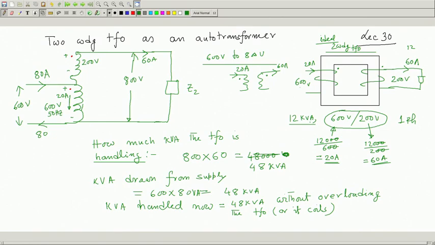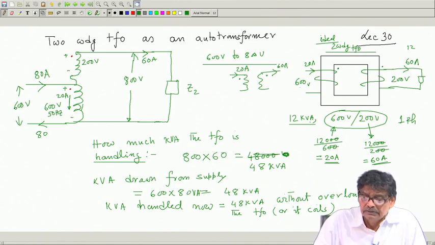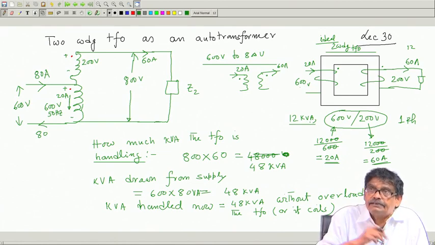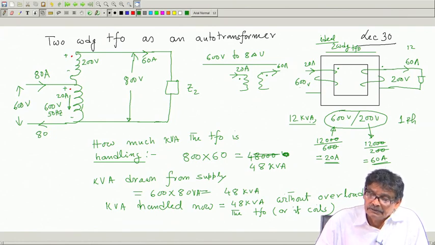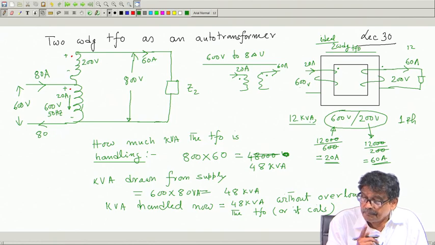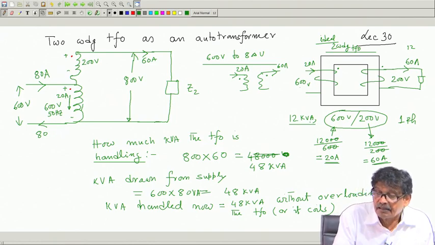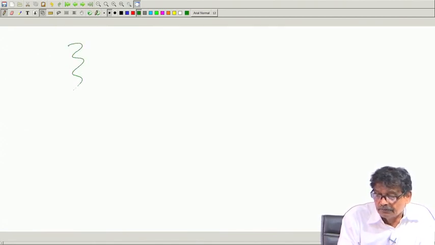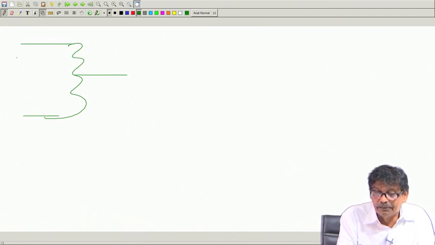The answer to this is that in an auto transformer, power is delivered from the primary to the secondary side by 2 means. Why? For example, in an auto transformer which is step down, we have considered, I have not told anything about that till now.